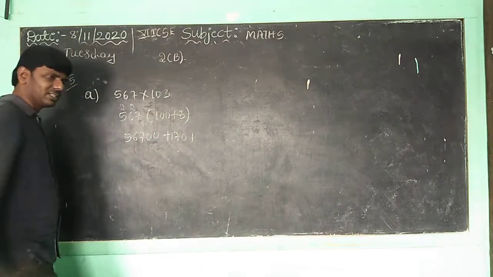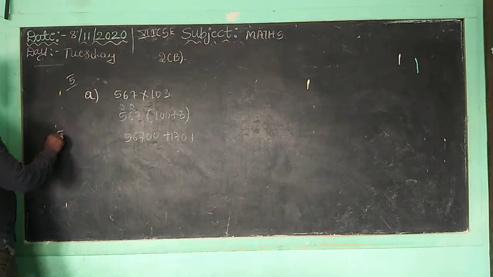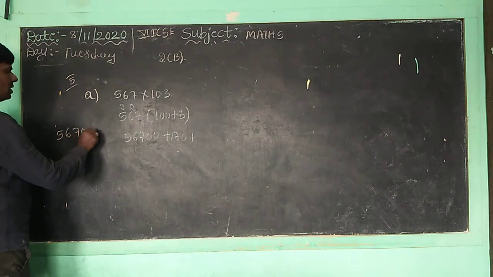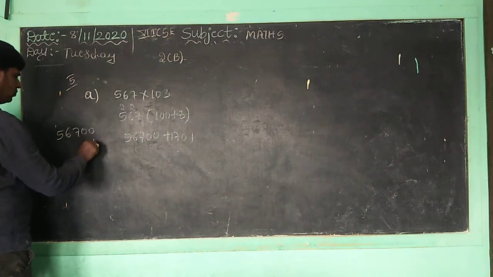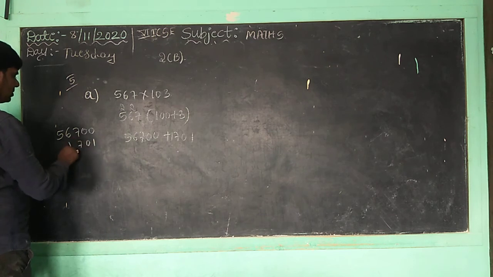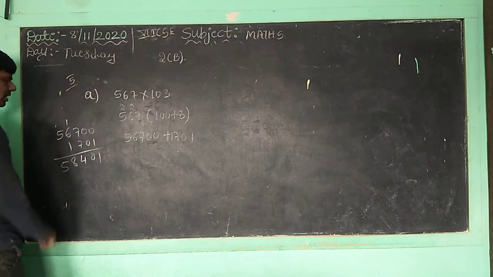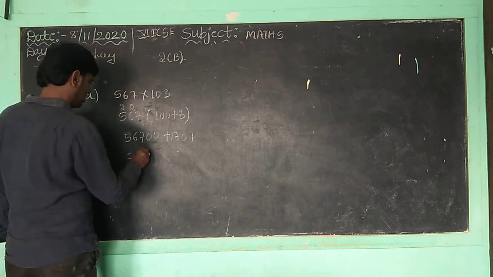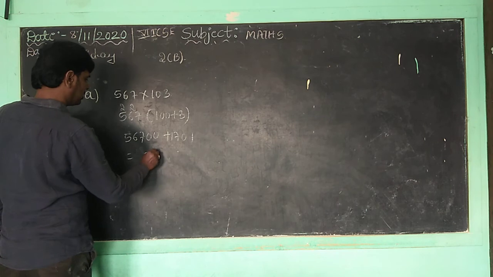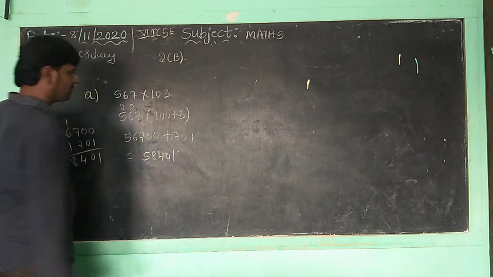Children, now you want to add this one, 56700 and 1701. You want to add, children. So this is 58401. This is a very simple question.